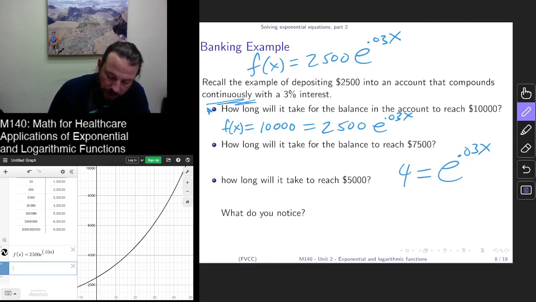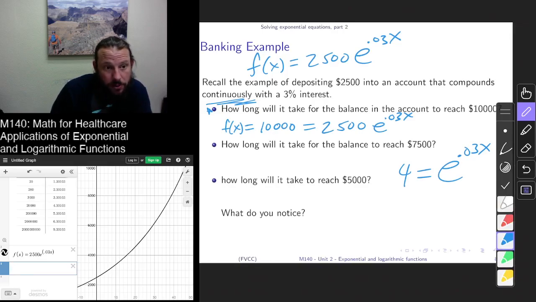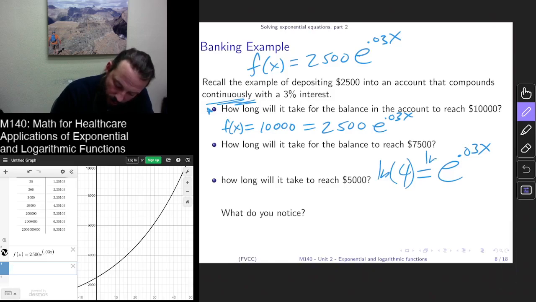Now, this is where we stopped. But now we know from last time, what do we do? We got the variable stuck in the exponent, so we take a log, correct? Both sides, natural log of 4 and natural log of e to the 0.03x.